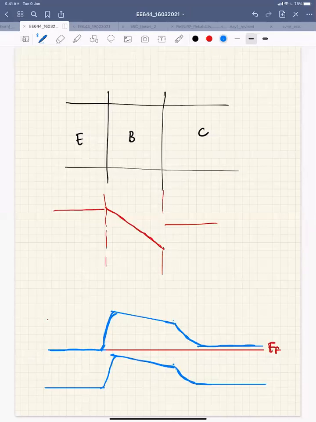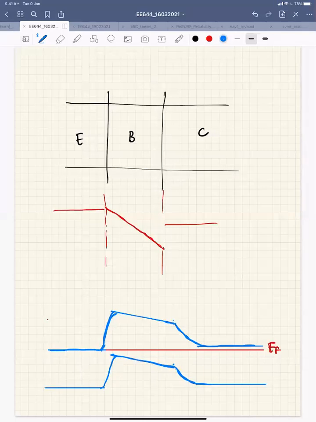Electric field will not be on the emitter side. No, I'm talking about the base region. Will there be electric field in the base? Not on the left side there won't be, but on the right side junction there will be.